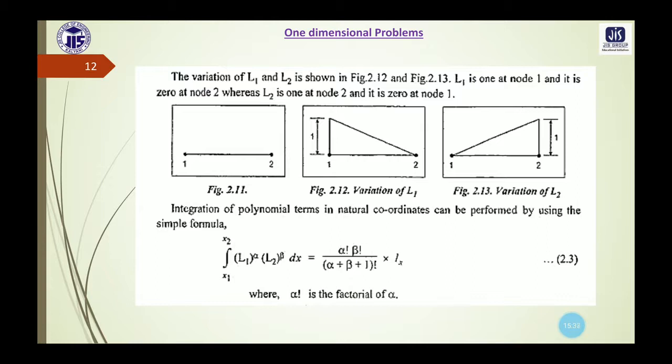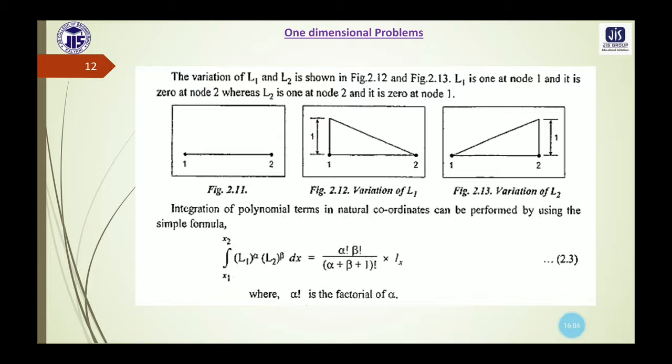The mathematical representation that we need to remember is the integration from x1 to x2 of L1 to the power alpha, L2 to the power beta dx. This equals factorial alpha multiplied by factorial beta, divided by factorial of alpha plus beta plus 1, multiplied by Lx.